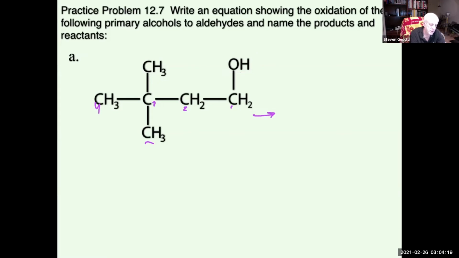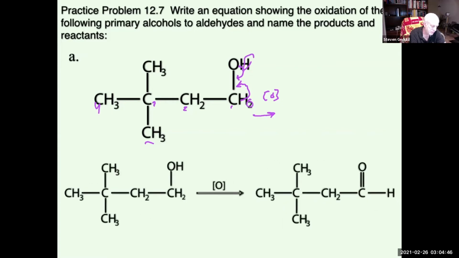All right, so this is oxidation. Oxygen in brackets. And what's going to happen? We're going to take one of these hydrogens, it's going to form the bond there. And that hydrogen leaves, and one of the hydrogens from here leaves. Okay? And the electrons get shared and form a double bond to the oxygen. So here's your compound.